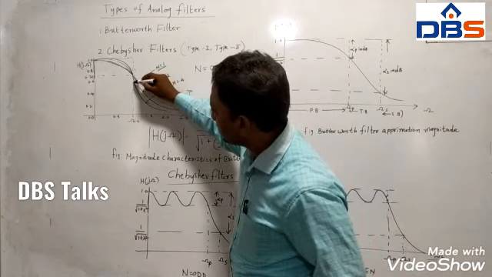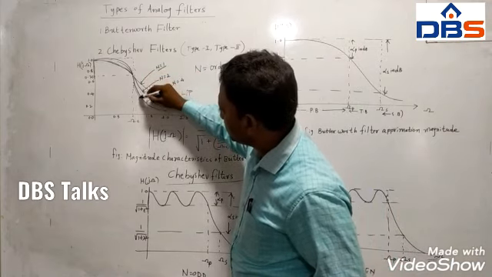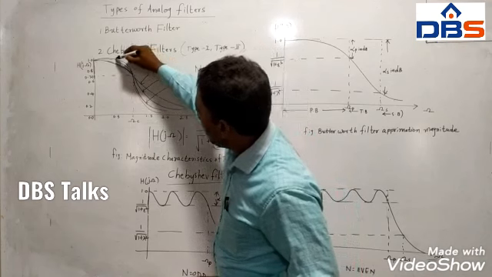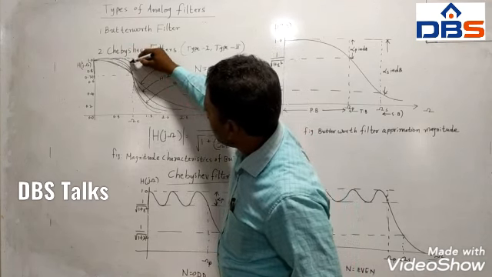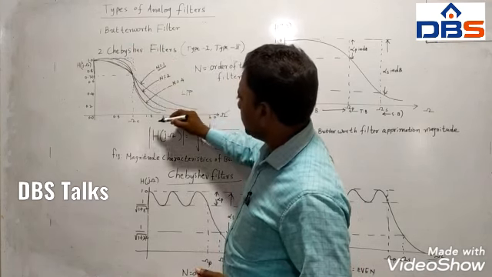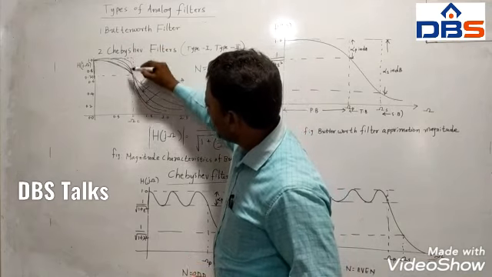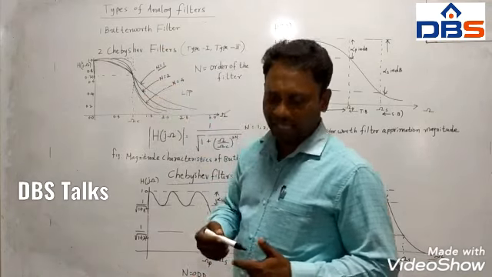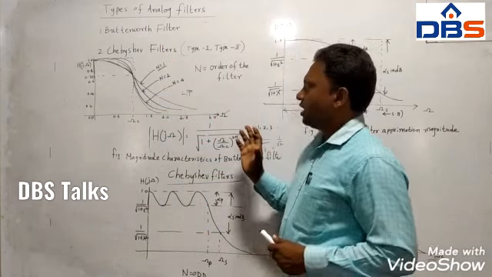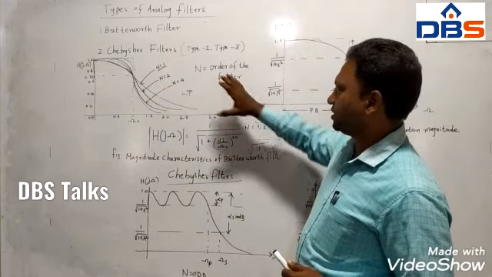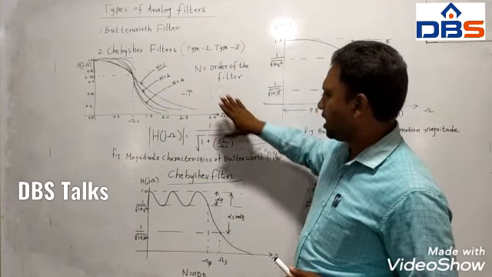As the n value increases, the response in the pass band and the stop band comes closer to ideal. When n becomes infinite, it approaches the ideal filter characteristics. That is the Butterworth low pass filter magnitude response.